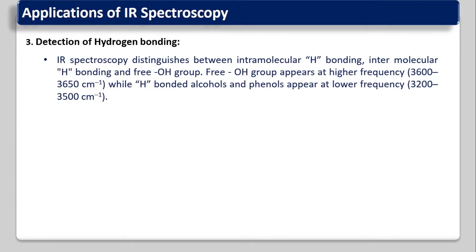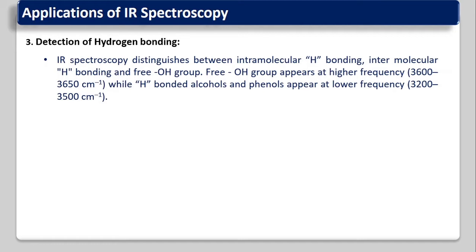The third application is the detection of hydrogen bonding. The shifting of the functional group stretching frequencies towards the lower side or higher side can be useful for detection of hydrogen bonding. In IR spectroscopy, we can distinguish between intramolecular and intermolecular hydrogen bonding of the free OH.